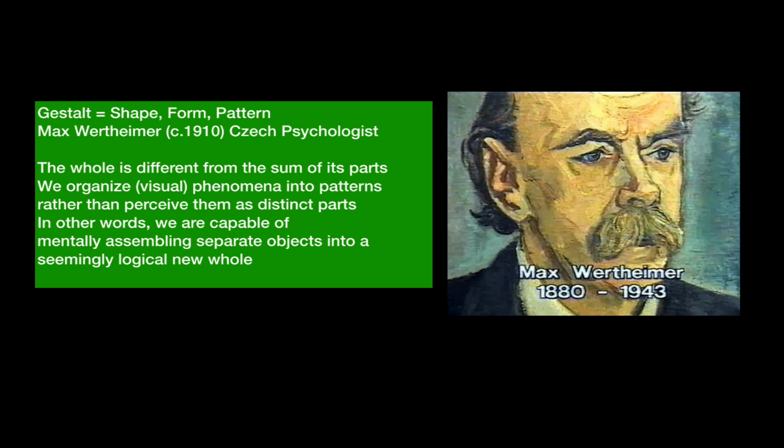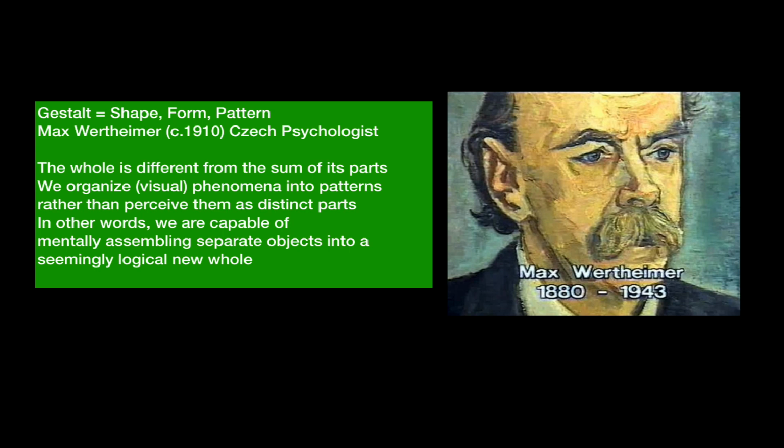We organize visual phenomena into parts, patterns, kind of the same thing. And rather than perceive them as distinct parts, we bring them together as a whole. We're capable of mentally assembling these separate objects into a new whole. And you'll see plenty of examples of that in a second.